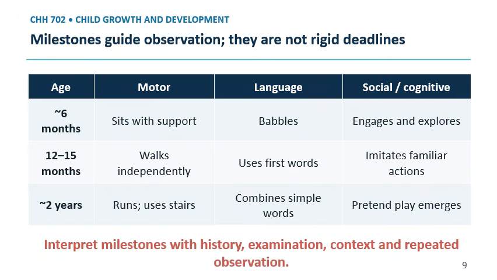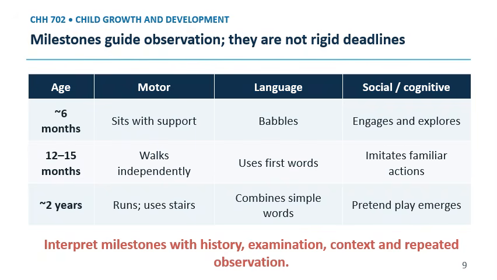Let us read the table by rows. At approximately 6 months, the example includes sitting with support, babbling, and active engagement with people and objects. Between 12 and 15 months, many children walk independently, use early words, and imitate familiar actions.